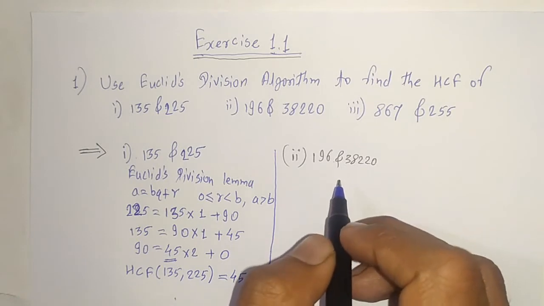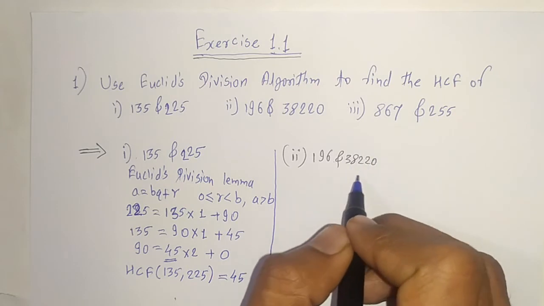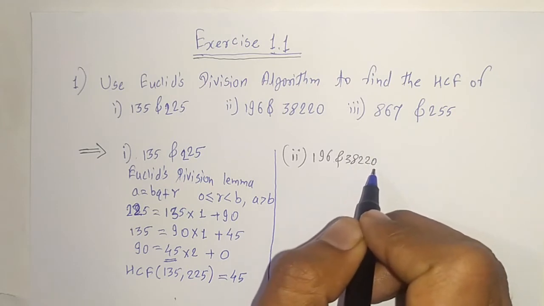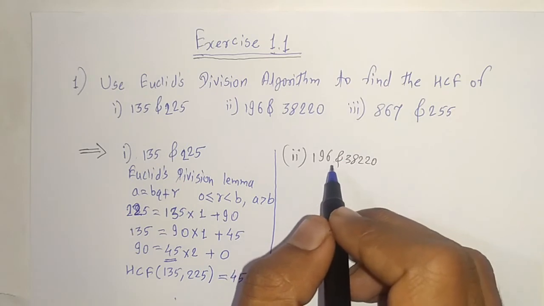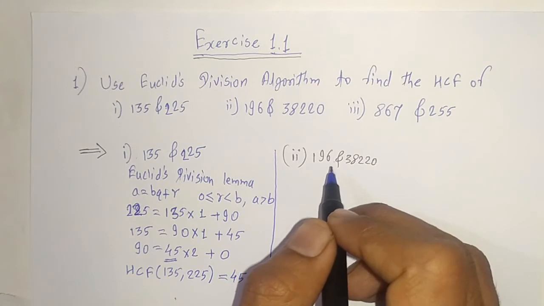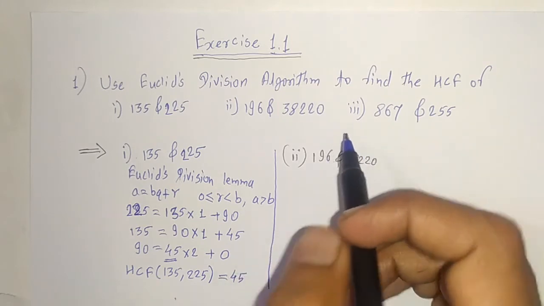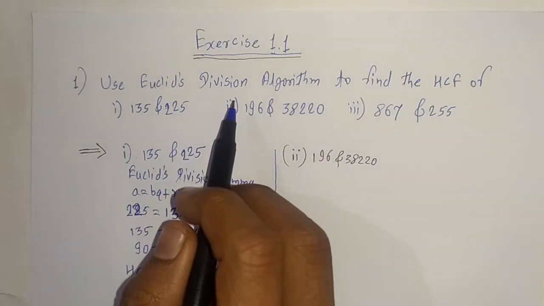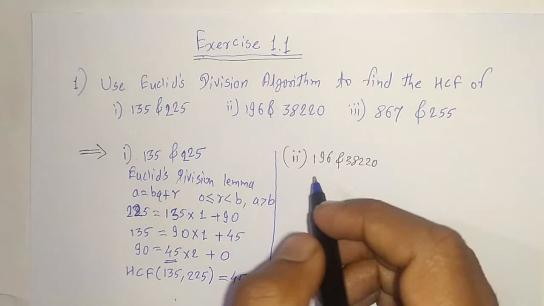A should be greater than B, so value of A should be 38,220. Value of B should be 196. So if we try to factorize this, it will take you a lot of time. So once you apply the Euclid's division lemma, you can obtain the HCF within few steps.